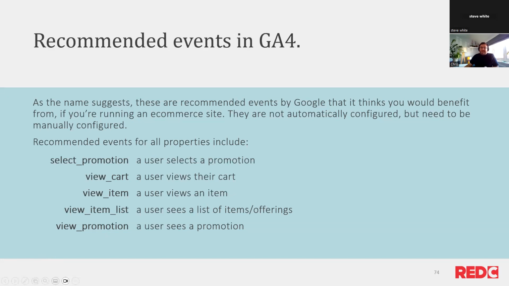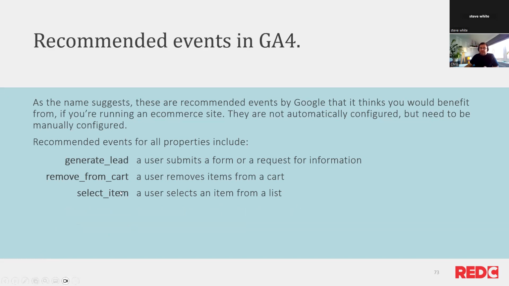What I would say is find the one that's most relevant or most accurate. So the one we've been using a lot for clients is generate lead. So if you have a contact form on your site, or you have a quote request form, or you have a contact form for a showroom or a branch, you might use something like that, generate lead. It may not be exactly right, but it's a recommended one.